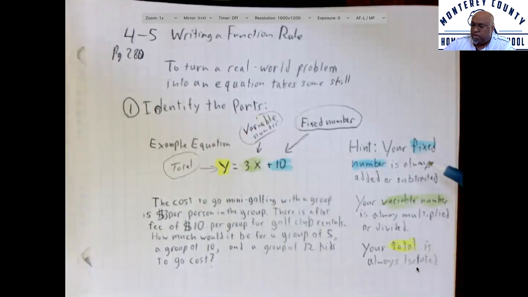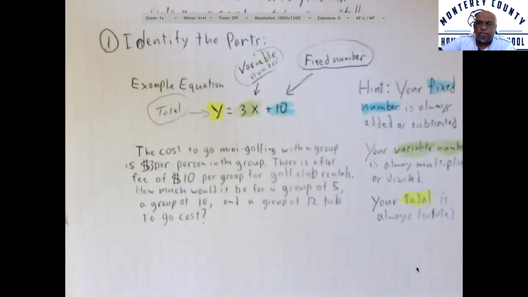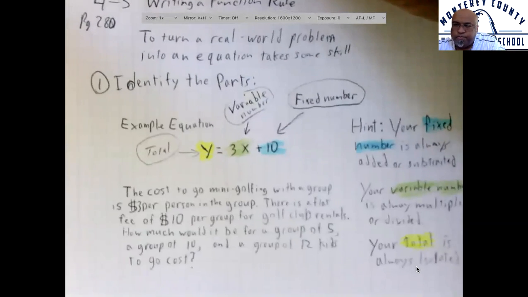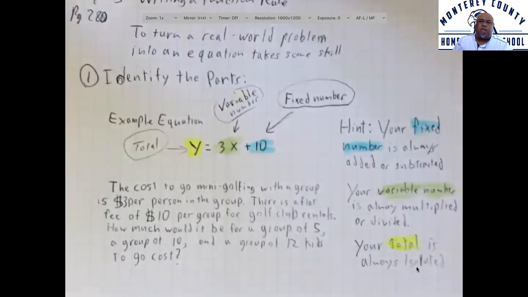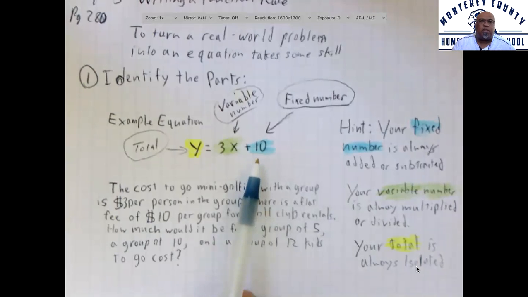Your fixed number is always added or subtracted in the equation. Okay? And what I mean by that is, and I say always, but it's 99% of the time, I'll put it that way. But the number that is fixed in an equation, basically it's going to be like a flat amount, it's not going to change, is usually added or subtracted in your total.